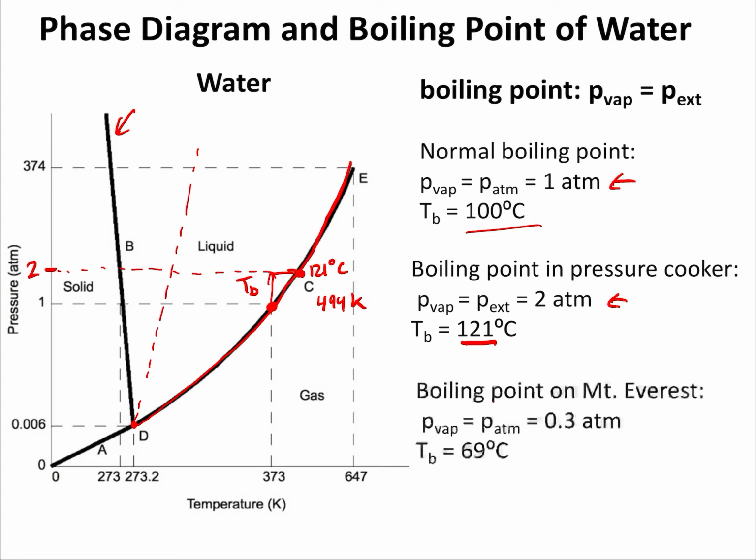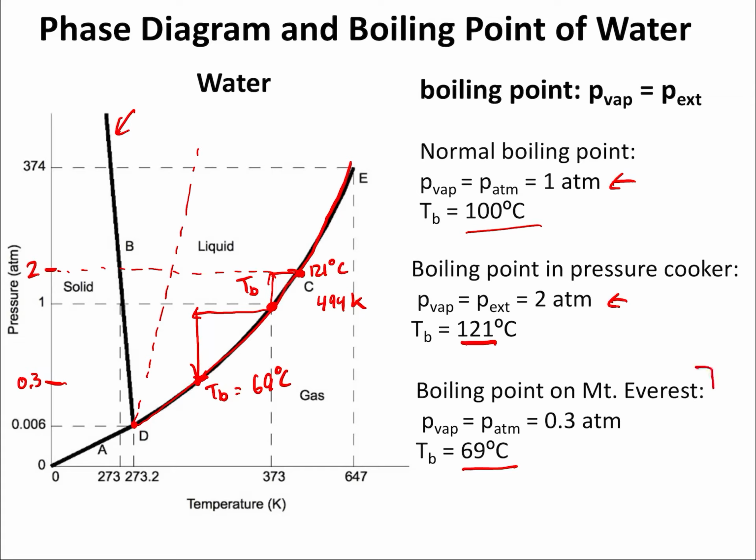If you reduce the pressure, if you go down to say 0.3 atmospheres, that would be like decreasing the pressure down this way, and that would bring your temperature over to the left, to a much lower temperature, which is 69 degrees Celsius, which is much colder than the regular boiling point of 100 degrees Celsius.